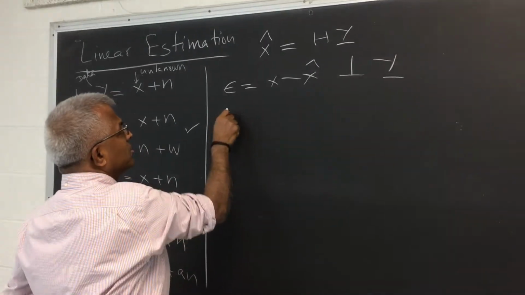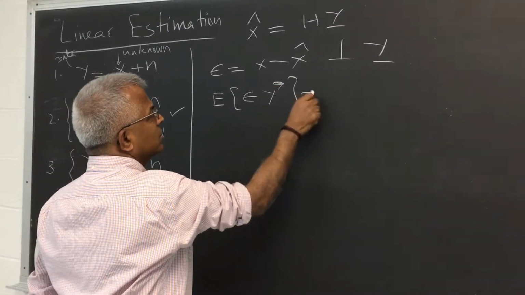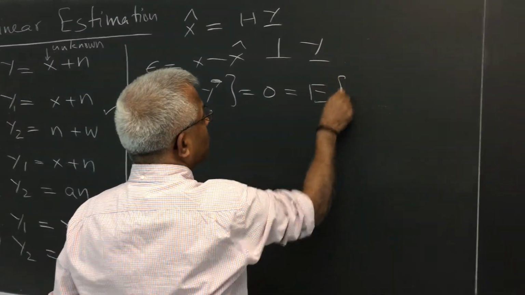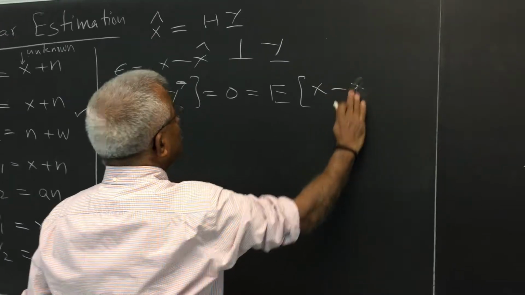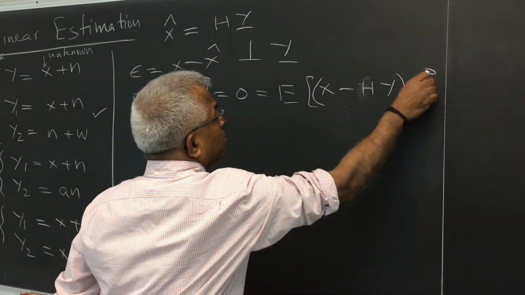So this translates as the expected value of epsilon y star is 0. But epsilon y star is the expected value of x minus x star, which is h y, multiplied by y star.